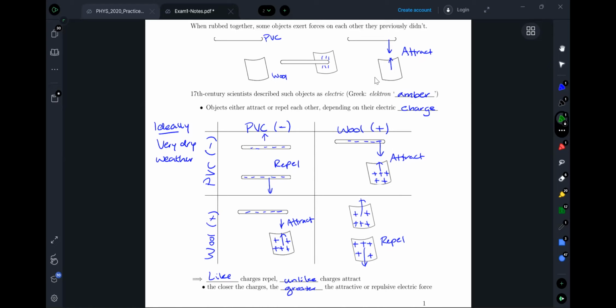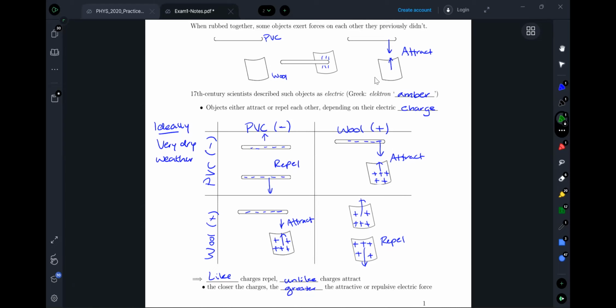And so what ends up happening is you rub the wool on both the PVC pipes, you set one down to try and get the other one charged. And by the time you've done that, the first one may have already become neutral. And so when you bring the other one close to it, what will happen is it induces charge in the one you had set down and attracts it instead of repelling it.